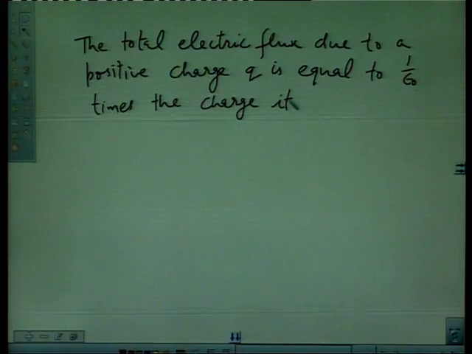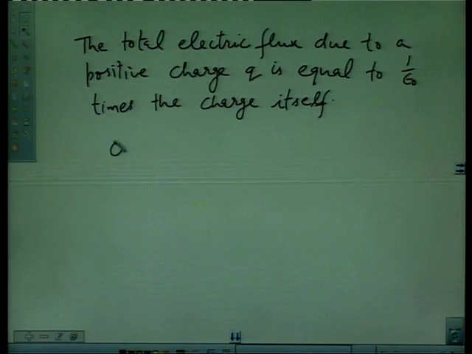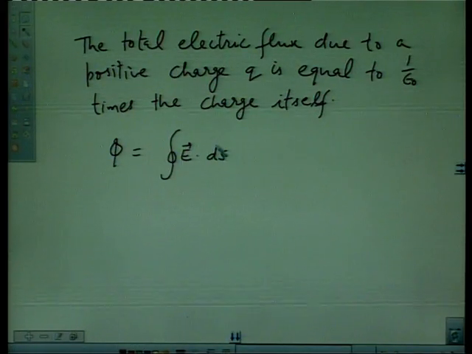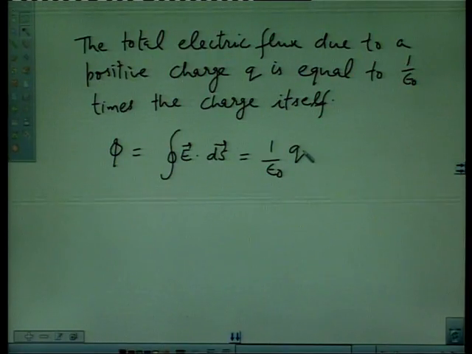This is the definition of Gauss's theorem. The total electric flux phi, which is equal to the integral of E vector dot ds vector over the closed surface, is equal to 1 upon epsilon naught times the charge q.